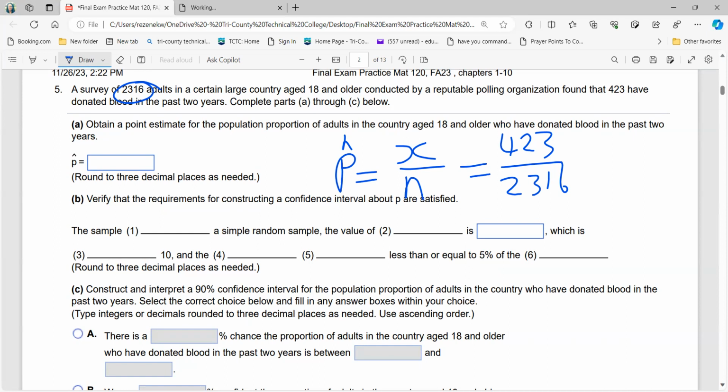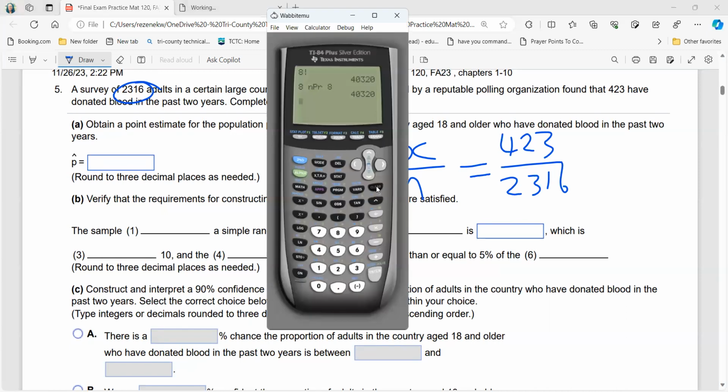So it cannot be more than 1. So get your calculator and find the point estimate. The point estimate right there is the number of successes, 23, divided by the sample size, or the number of people who were polled: 23, 16.